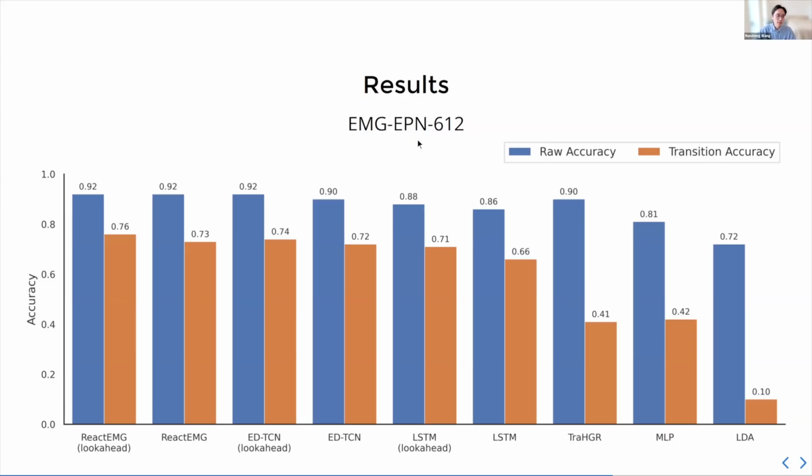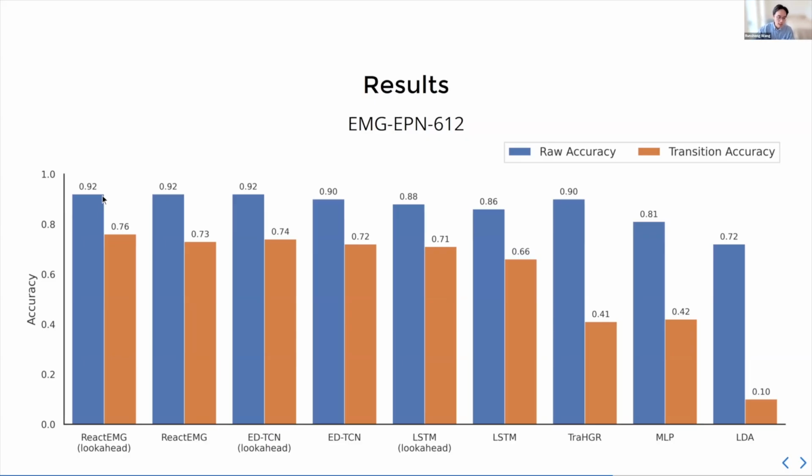And the first thing that you will see is that raw accuracy, or how people usually report accuracy in EMG, is very different from transition accuracy, which is the one I just showed you. So raw accuracy actually inflates your real-time behaviors by quite a lot, and this is the same for all models.